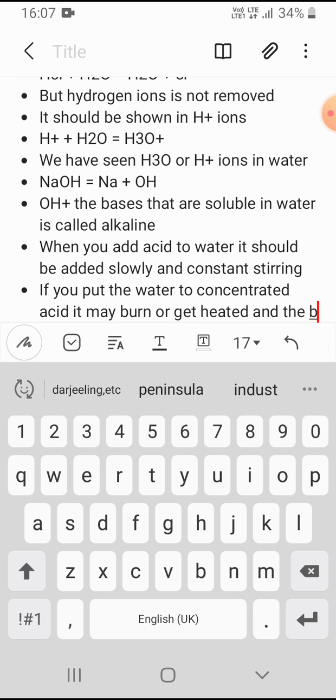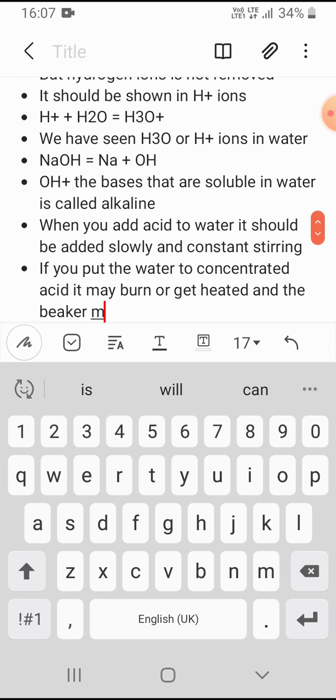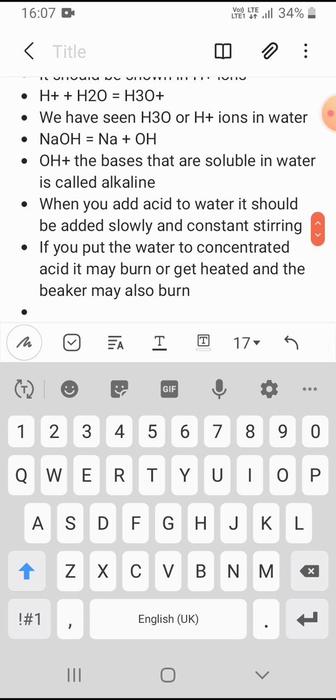So the only process is to put the acid slowly into the water with stirring. You should not keep acid on one side and water on the other side and suddenly pour the water. If you do like that, it will burn or it may blast.